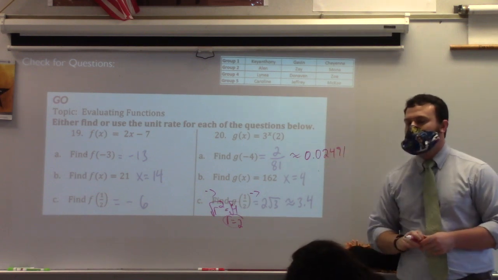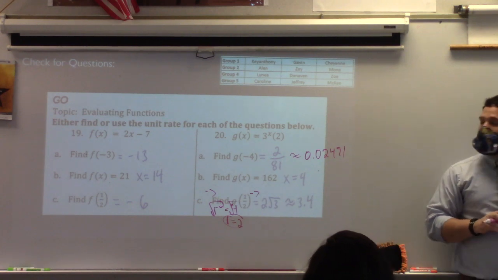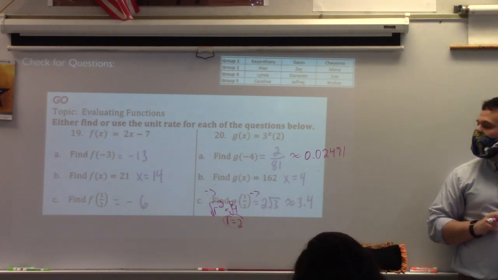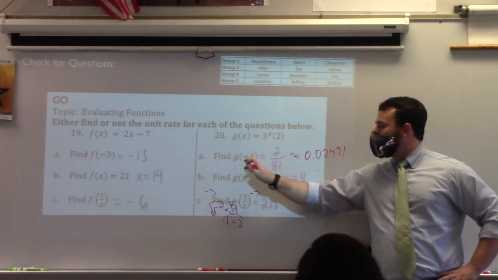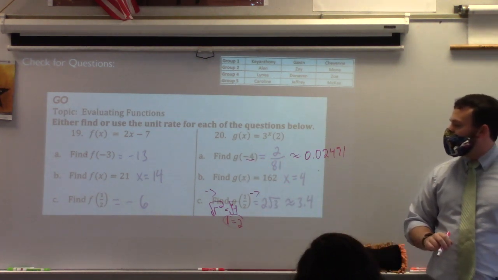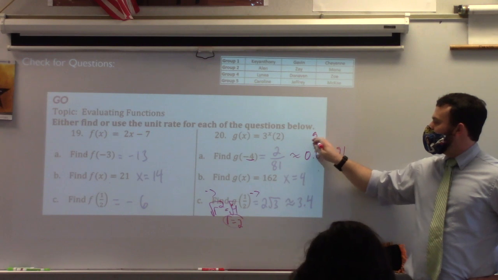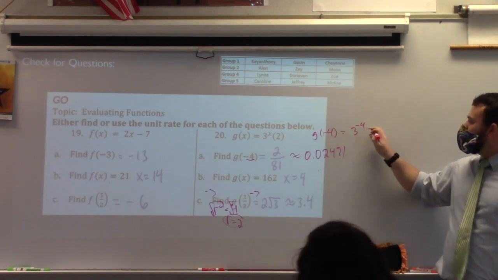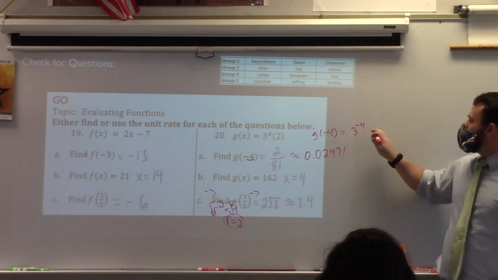That's a decimal. Now, I will say if you had shown your work for this, you might more easily recognize how to do it. Notice, what is this -4 going to take the place of? X. So g of -4 is equal to 3 to the -4 times 2.